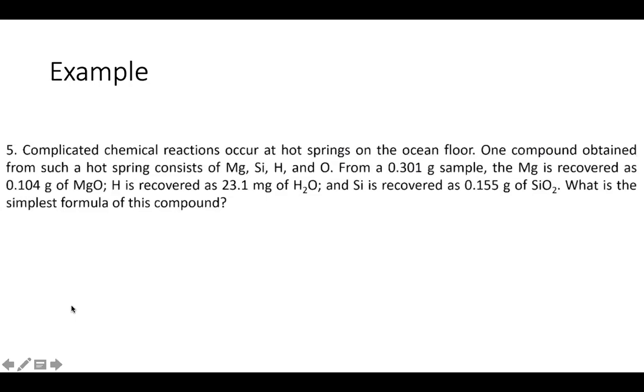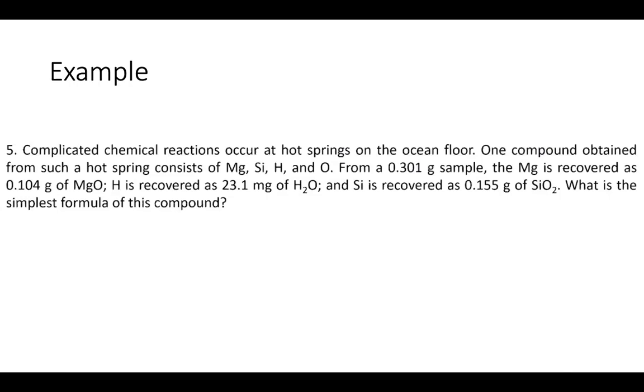Okay, so complicated chemical reactions occur at hot springs on the ocean floor. One compound obtained from such a hot spring consists of magnesium, silicon, hydrogen, and oxygen, right? So we have 4 elements in this unknown compound, okay?